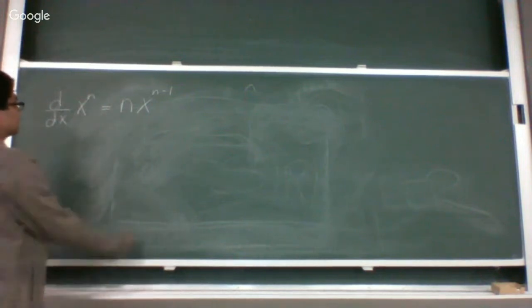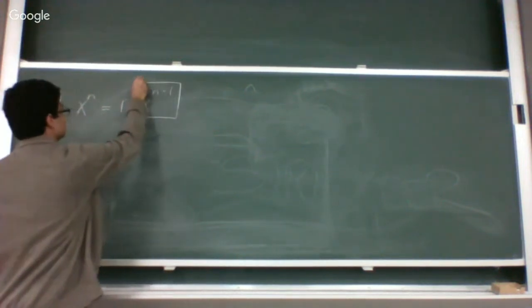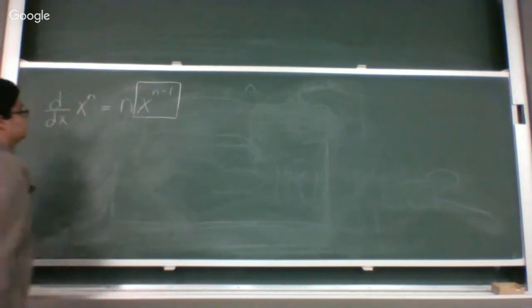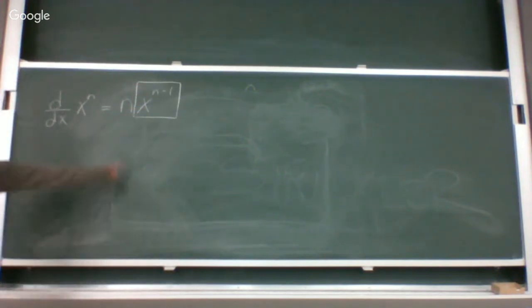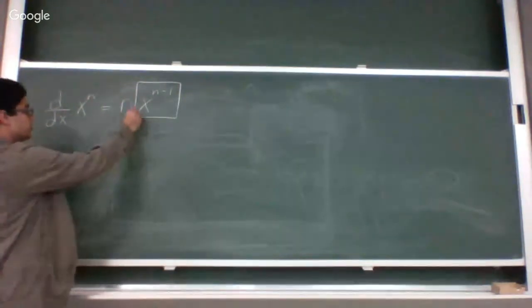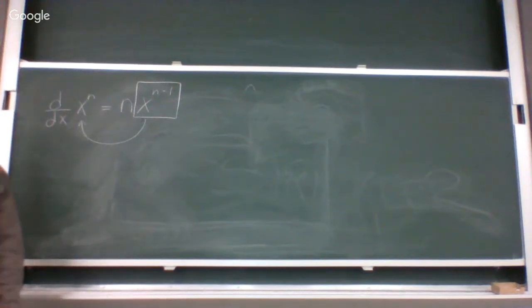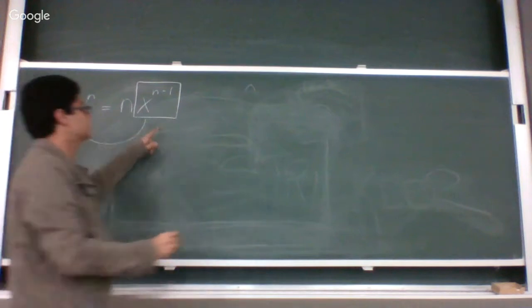Since we want the derivative, what we are basically looking for is this function. This is the original function. When we take the derivative of that, we get x to the n. So let me just show that.